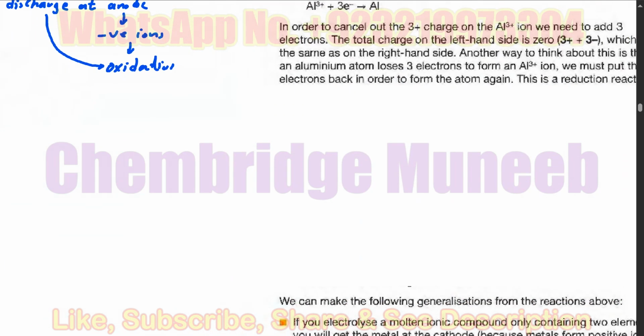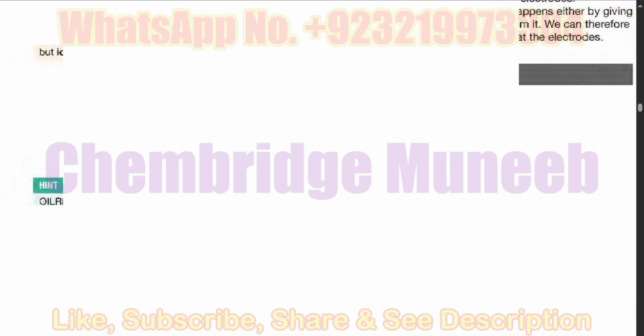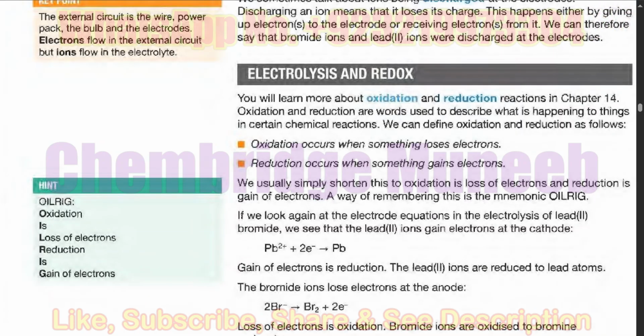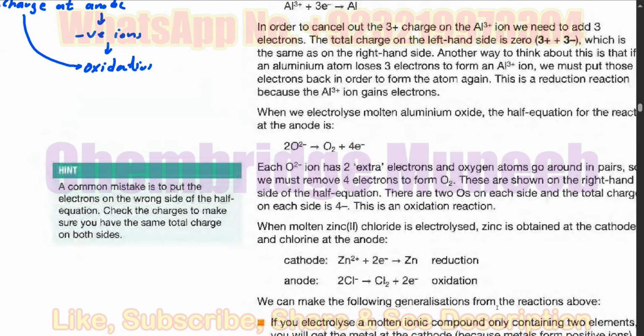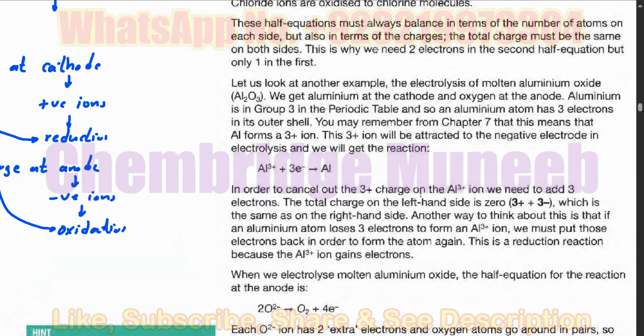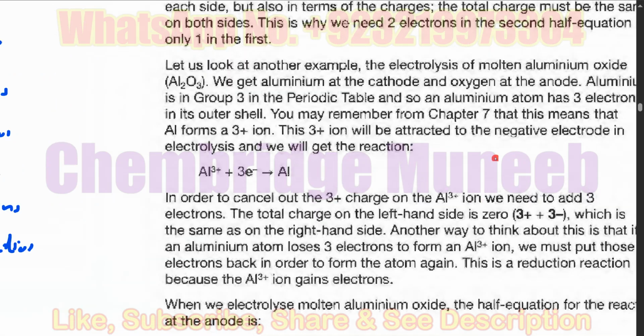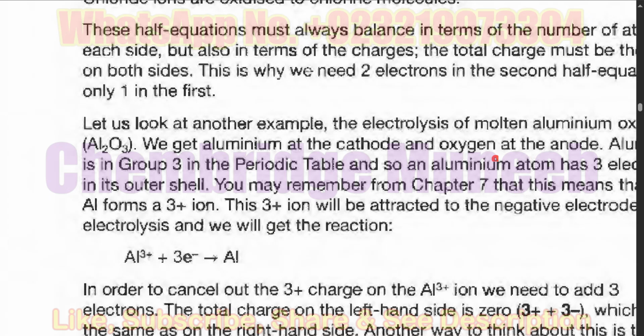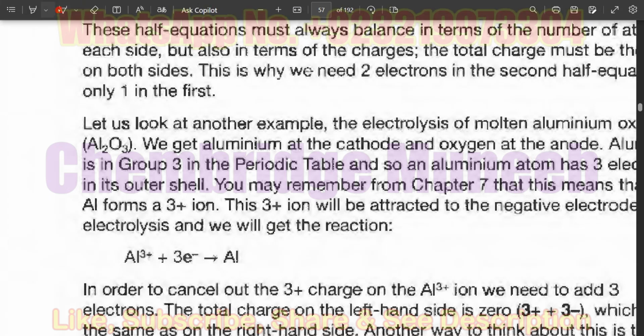Now the other example included here is aluminum oxide, the electrolysis of molten aluminum oxide. Aluminum oxide has a formula of Al2O3.